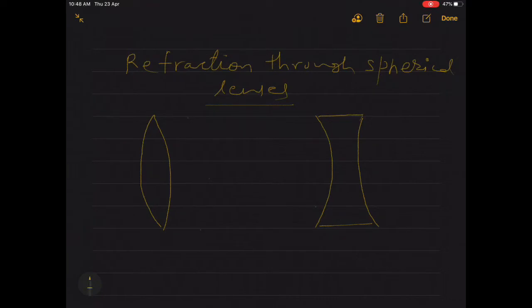When the parallel beam of rays is incident on the convex lens, these rays are found to converge at a single point.